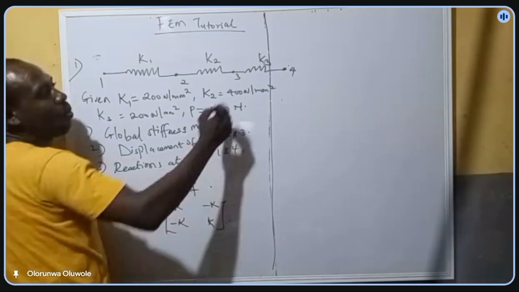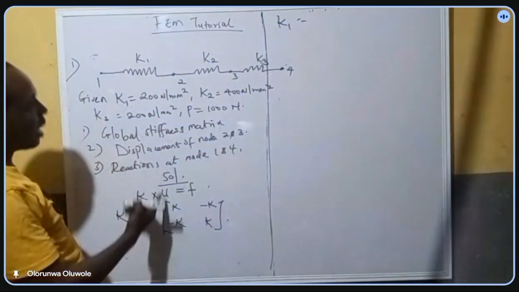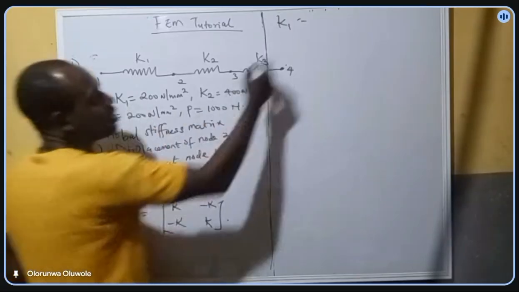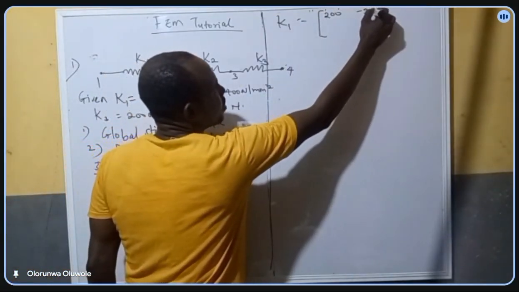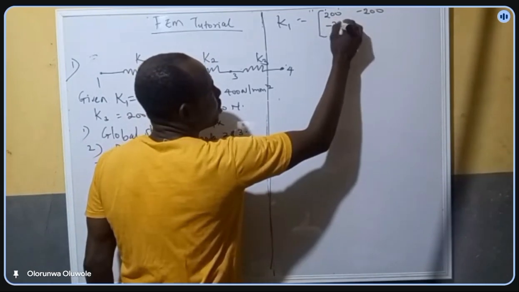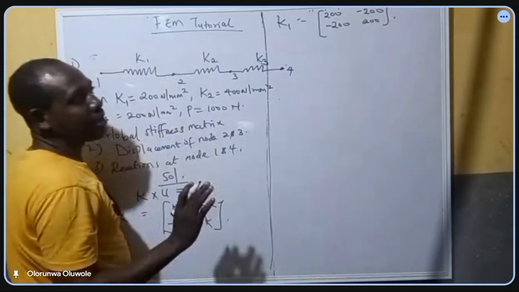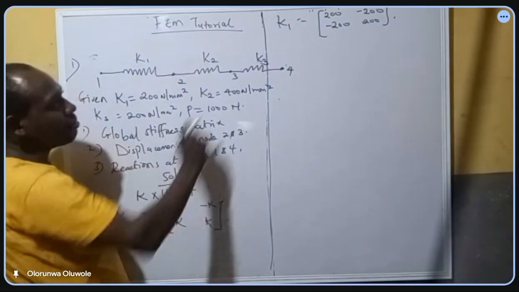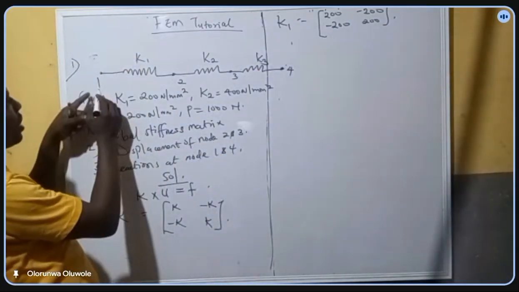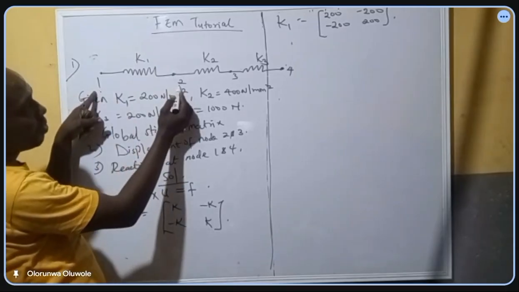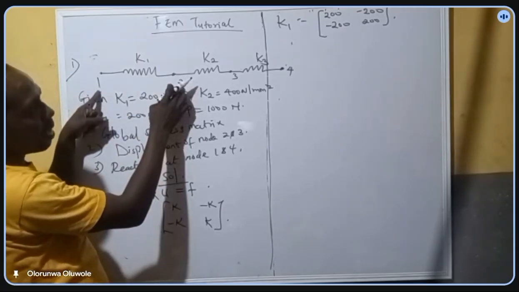For our K1, given as 200, we simply have 200 here, minus 200 here, minus 200 here and 200 here. That is K1. Don't forget that K1 is between node 1 and node 2. You are supposed to apply that.